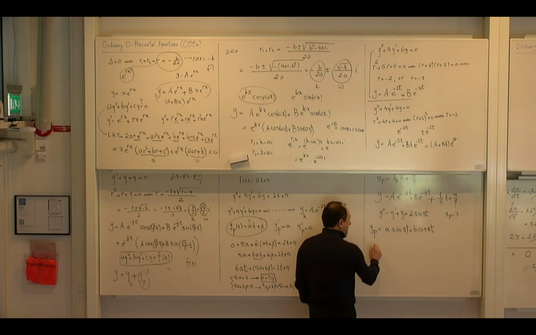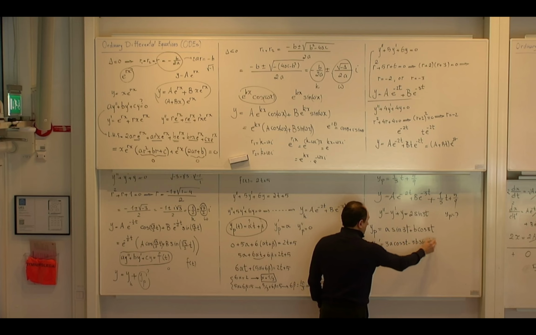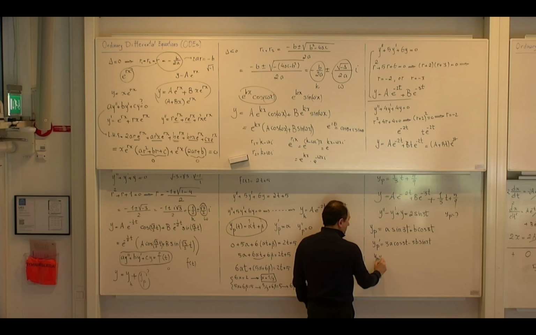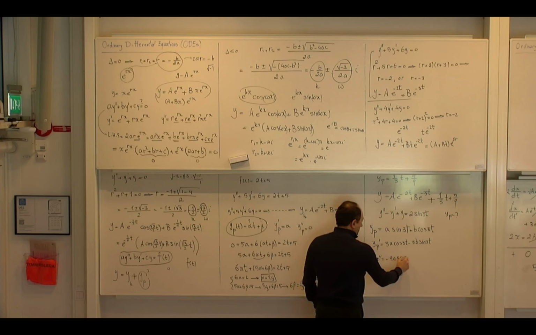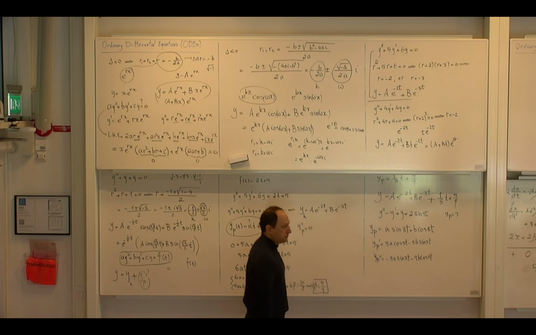So what I need to do, I need to calculate the derivative, which becomes 3a cosine 3t minus 3b sine 3t. And then I need to do one more derivative. So this becomes minus 9a sine 3t. And then it becomes minus 9b cosine 3t. Do you agree? So these are my derivatives.